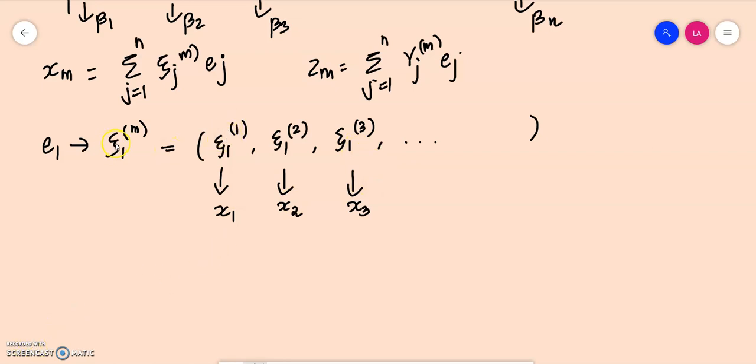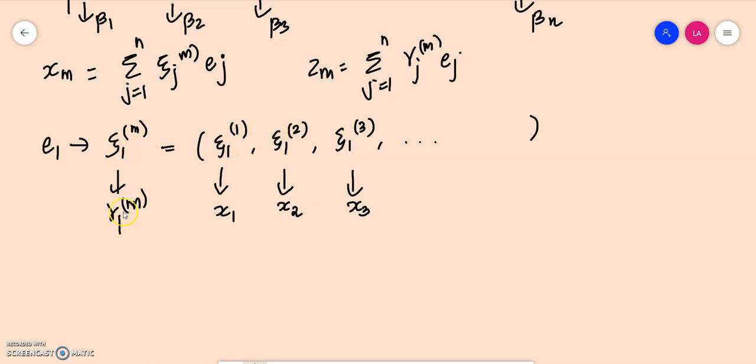So this sequence theta_1m has a subsequence which we call eta_1m or gamma_1m. Subsequence means this sequence contains the terms of the sequence theta_1m but not all the terms.